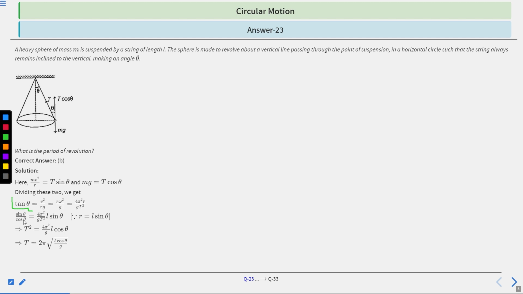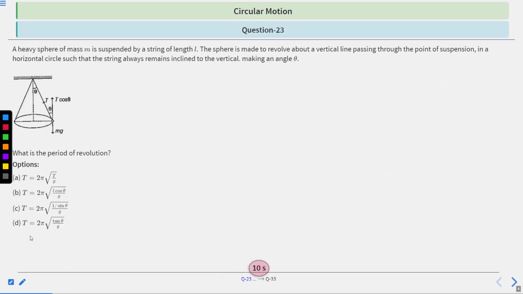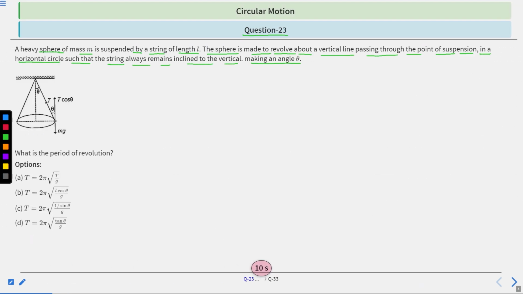And sin theta upon cos theta equals 4 pi square L sin theta divided by g T square. Clear? So, equating this term, where r equals L sin theta, you will get T equals 2 pi under root L cos theta divided by g. Clear? So this is the time period. So the correct answer is B option. Clear?